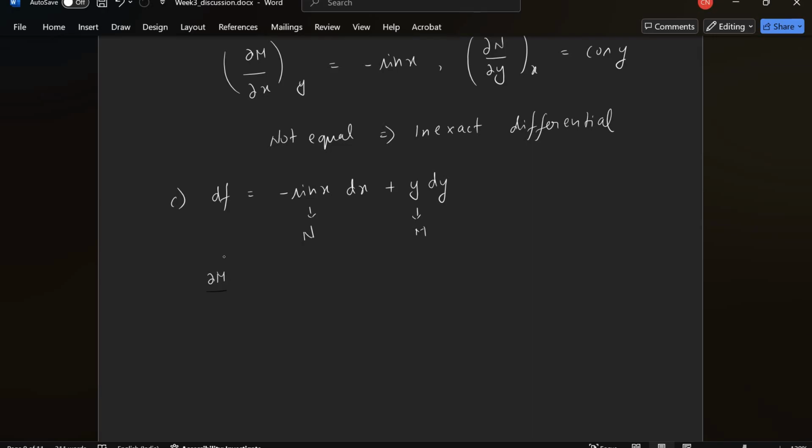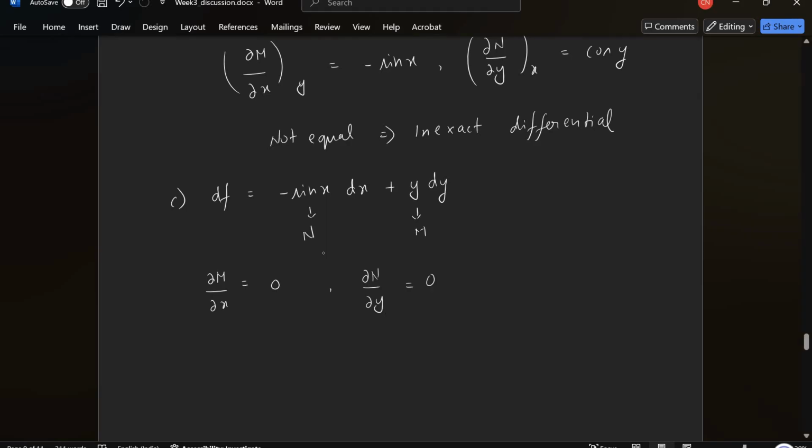Del M by del x, since it's y dy, is going to be 0. Similarly, N is not a variable of y, it's sine x, so again del N by del y at constant x is going to be 0.